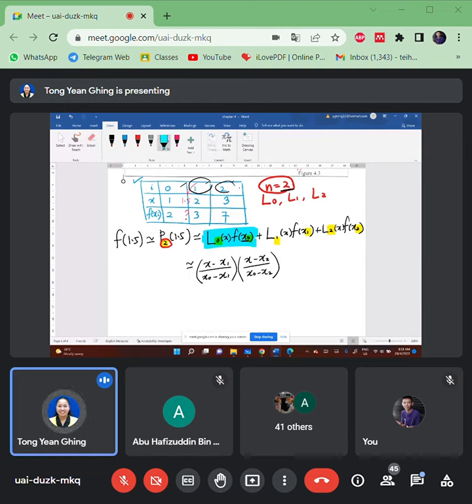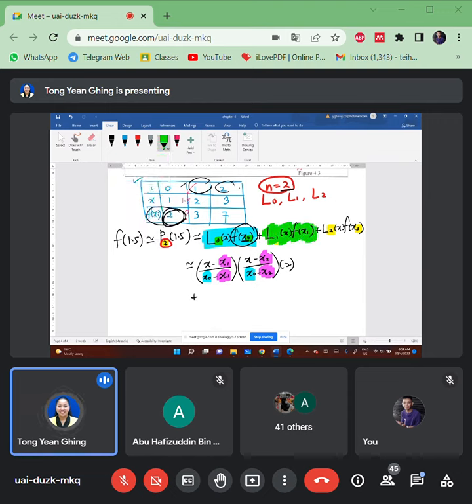Here we take x0. And here it is the same: when this one is x1, this one is also x1. When this one is x2, here also x2. So it is multiplied by the value of f(x0), this value. So this is 2. And plus, I write here. Now I want to expand this one.